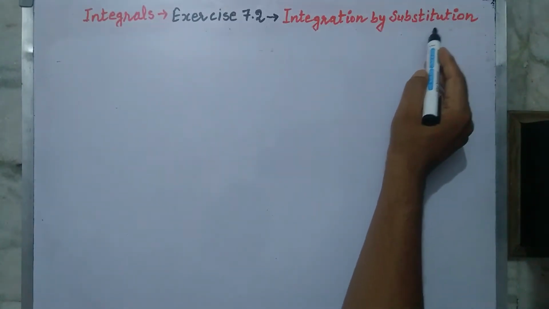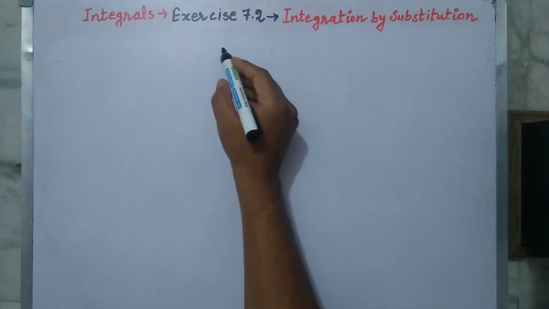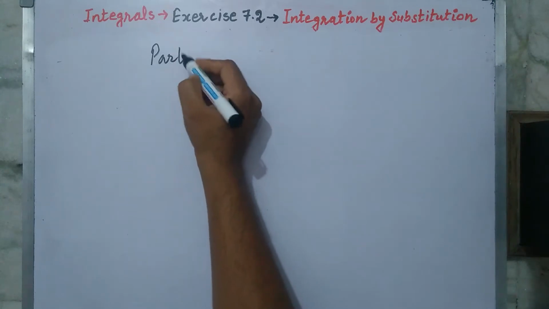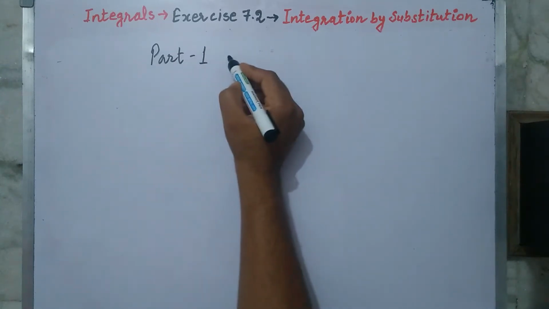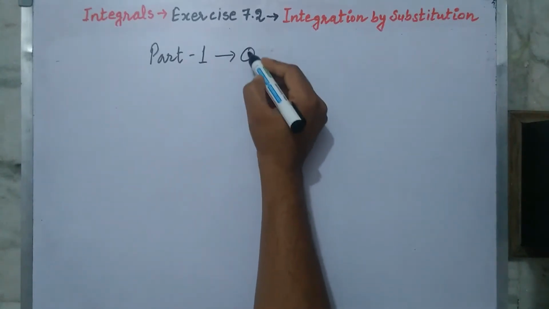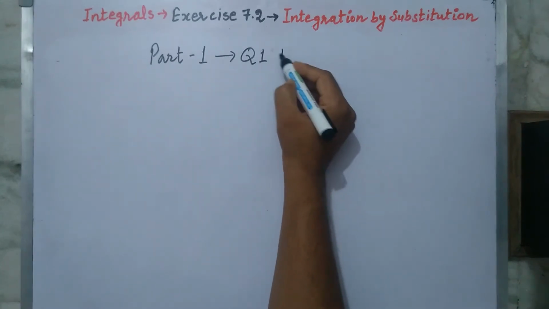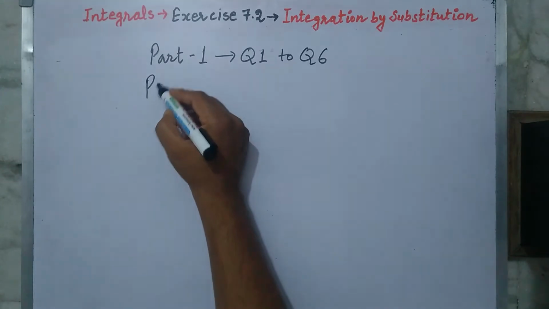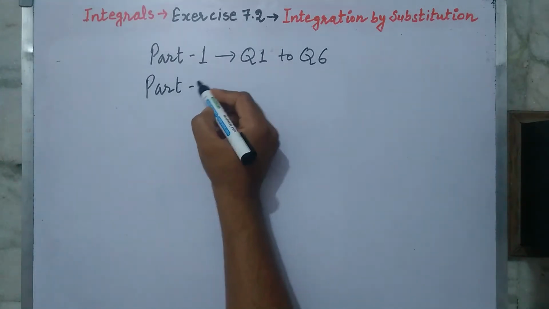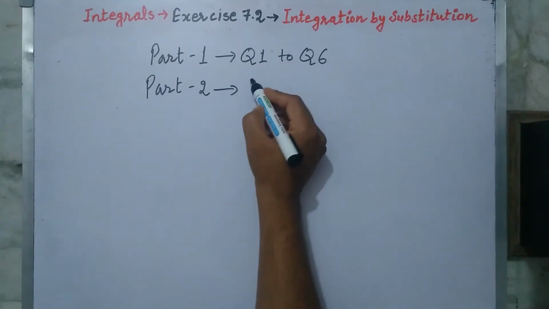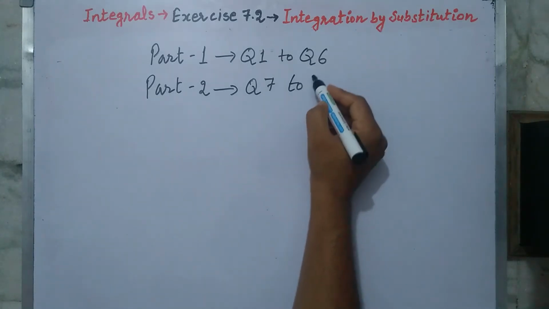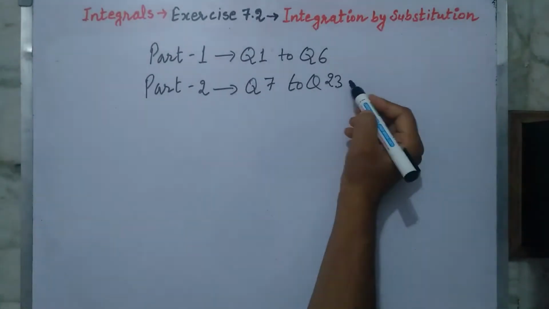This is the method. In part 1, we have discussed question number 1 to question number 6. In part 2, we have discussed question number 7 to question number 23.